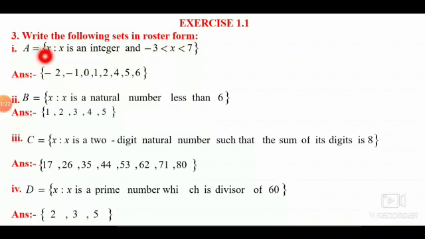My dear students, the given set is in the set builder form. That is, A is equal to, a set containing X, and this X is an element of the set A which satisfies a common single property, here X such that X is an integer and X is greater than -3 and X is less than 7.